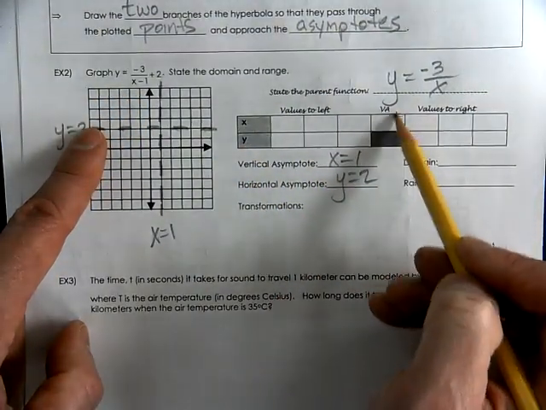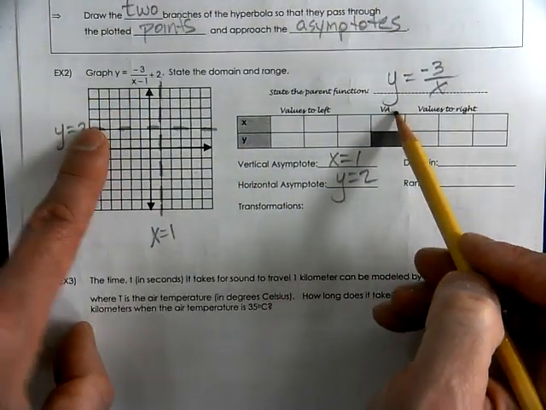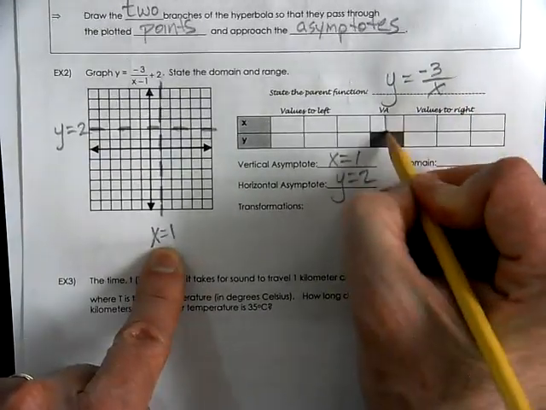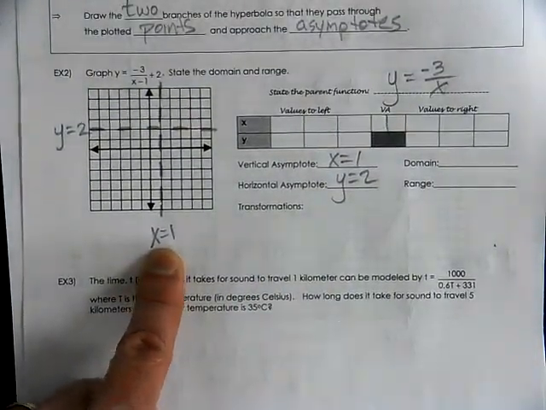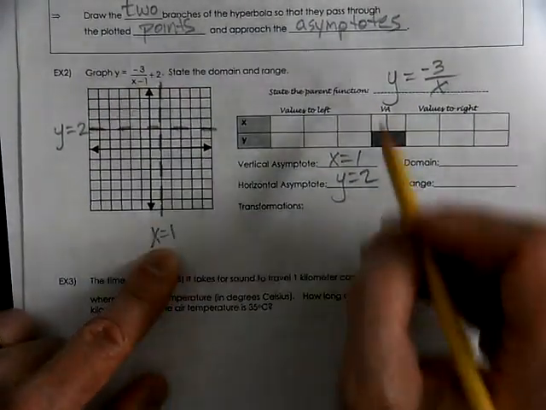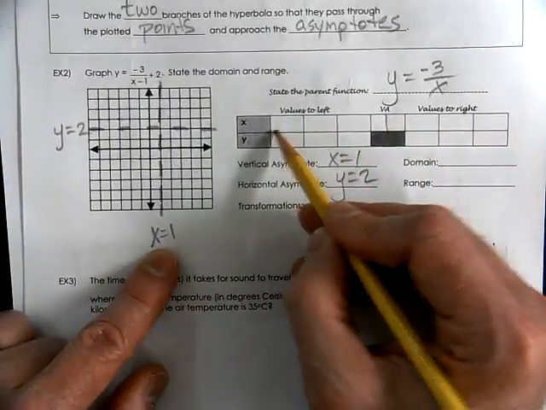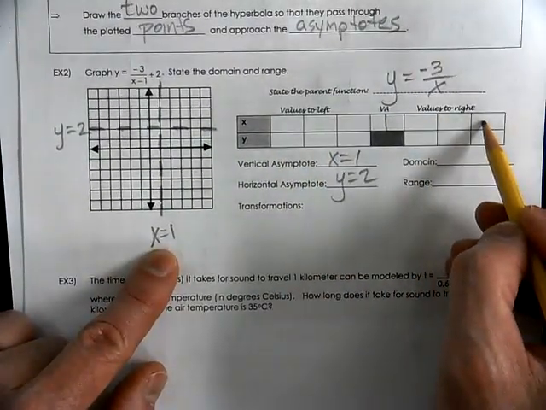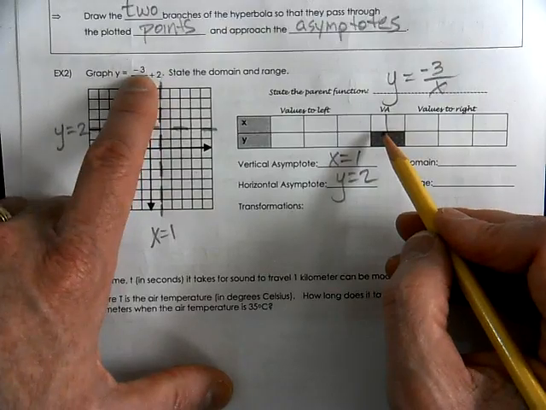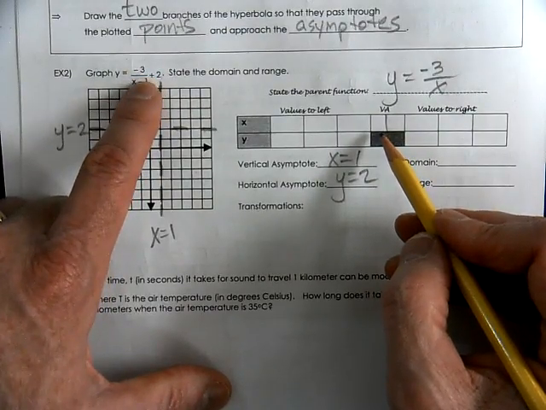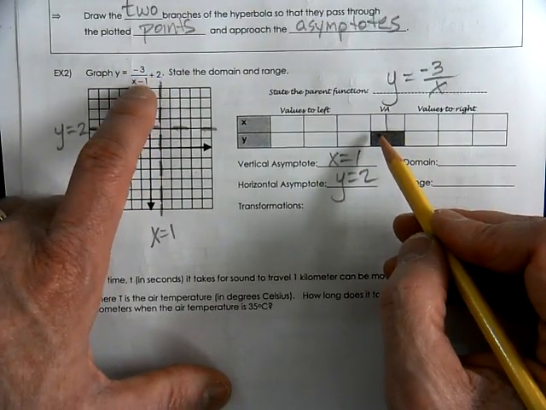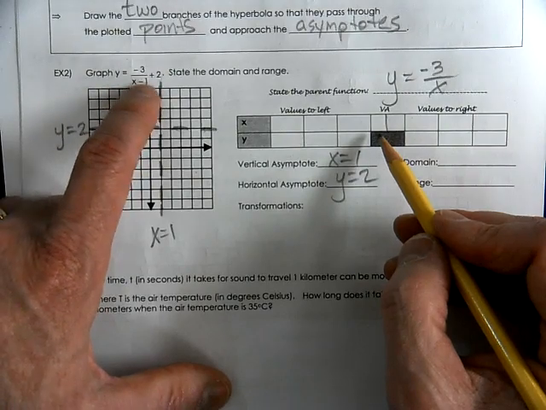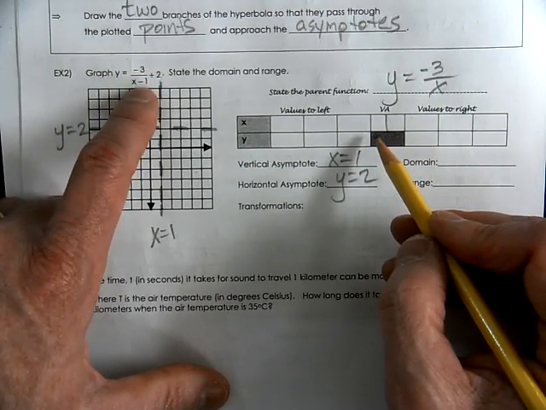Our vertical asymptote for our graph is going to be 1. Then we want to pick values to the left and values to the right. This gets a little bit more complicated in terms of trying to figure out what values would work best.